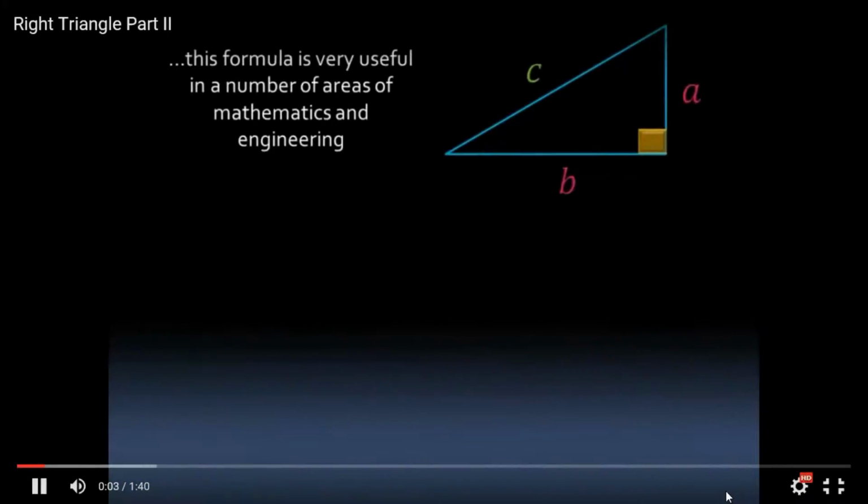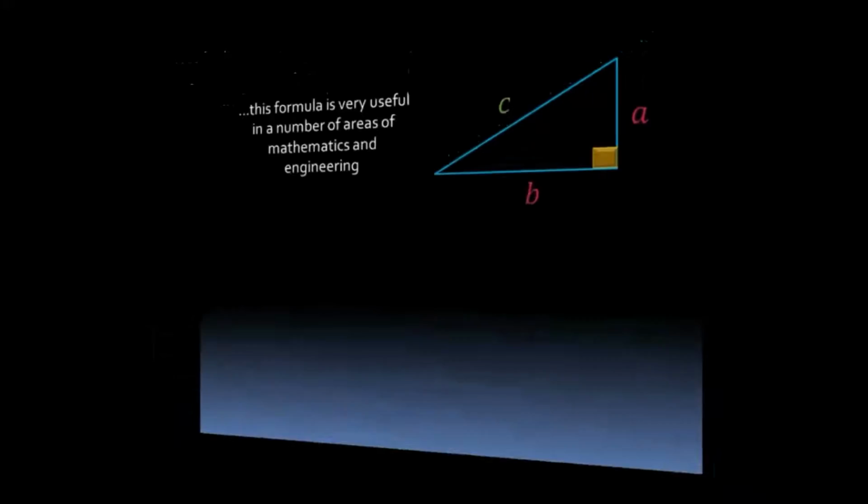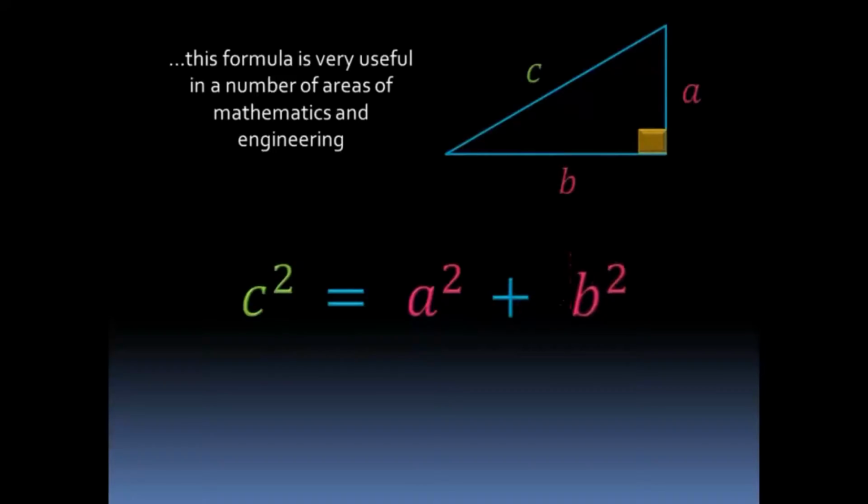This formula that we're about to discuss is very useful in a number of areas of mathematics and engineering. The formula is c squared equals a squared plus b squared.